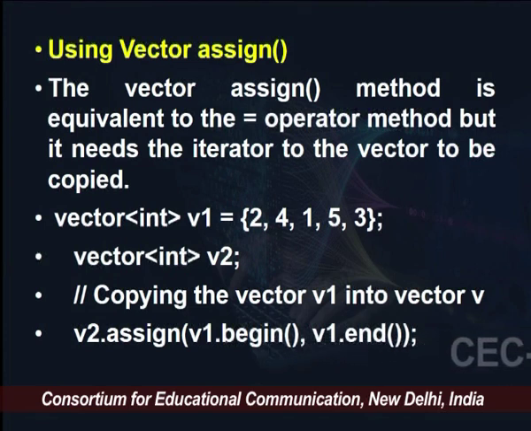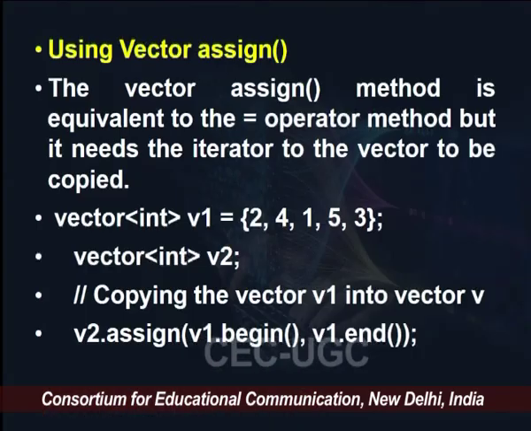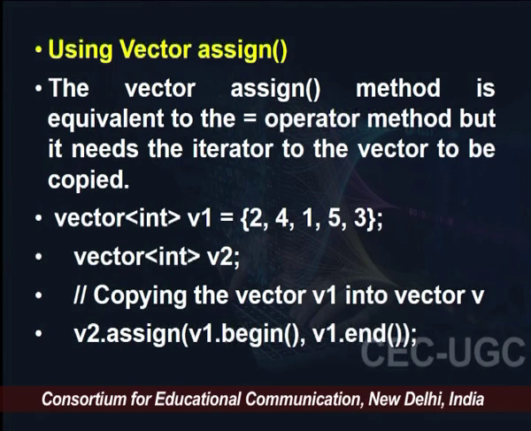As the parameters of assign, we have given that whatever is to be assigned into v2 is the iterator values starting from v1 dot begin to v1 dot end. So, whatever contents are there from v1 dot begin to v1 dot end will be assigned to v2 also. So, this is also a method of copying.